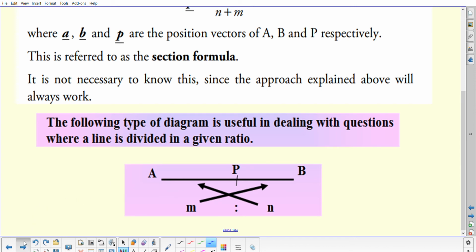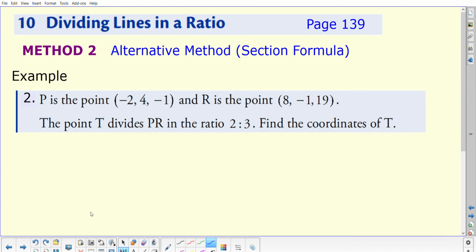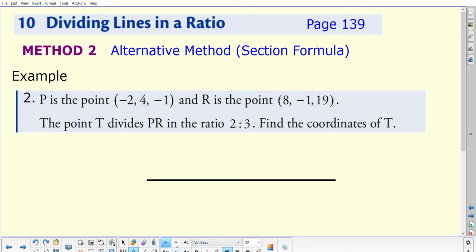But I will show you, we'll do it because your question 2 on that page is exactly the same as what we've just done, but we begin like we had. We're going to write down in the same way, but I'm going to have my coordinates here this time.